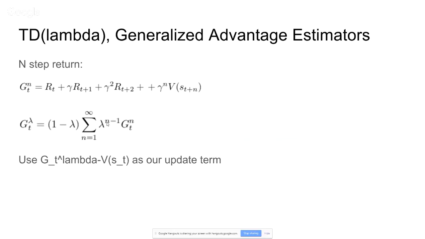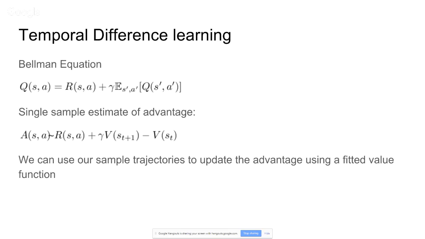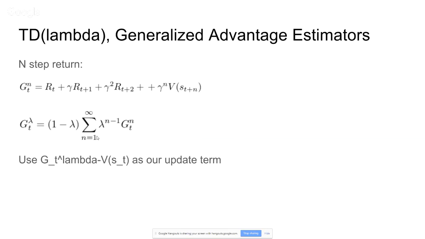Then we can combine all these different terms, which have different ratios of bias and variance, and form at the very end an alternative estimate to a one-step look ahead, which is over here, or an infinite step look ahead, which is Monte Carlo sampling.